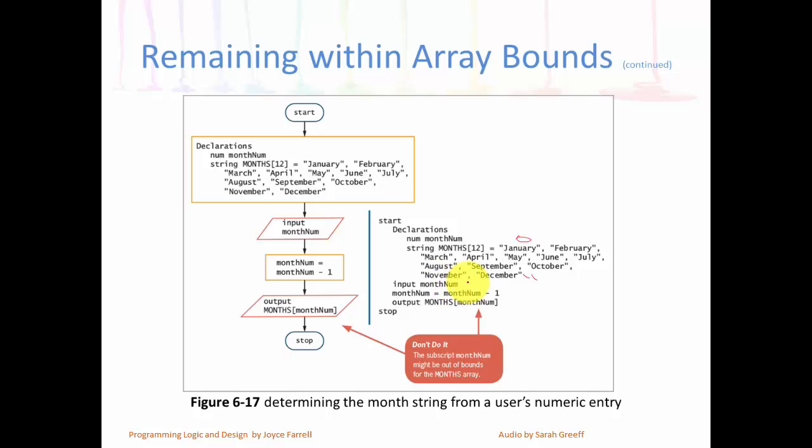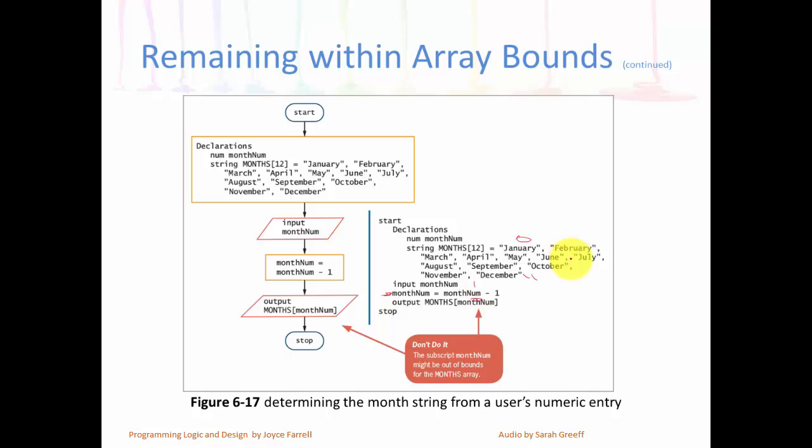Let's say he wants January and he inputs 1, because logically we know the first month is 01. So if it's 01, then it's got to be 1 minus 1, which is 0, position 0, which will be January, and that's what we output.